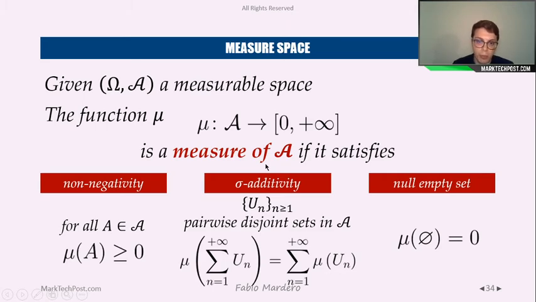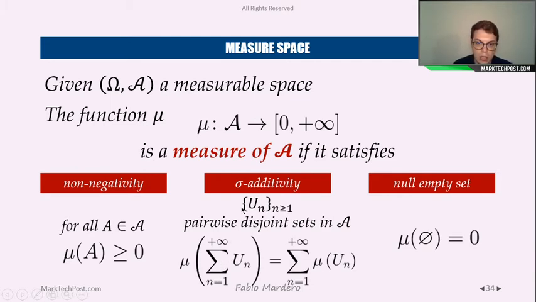And then we have another property called sigma additivity. Here let's take a collection of sets that are pairwise disjoint, which means if we take the intersection between Ui and Uj, it will give us the null set. If we take the measure, excuse me, here there's an error, a union is intended here.